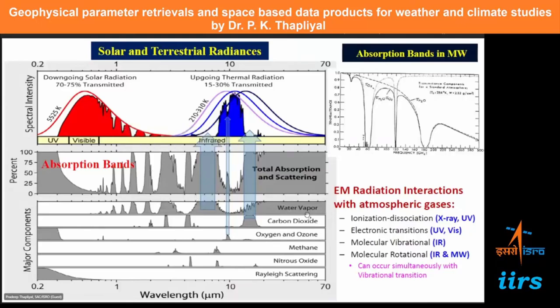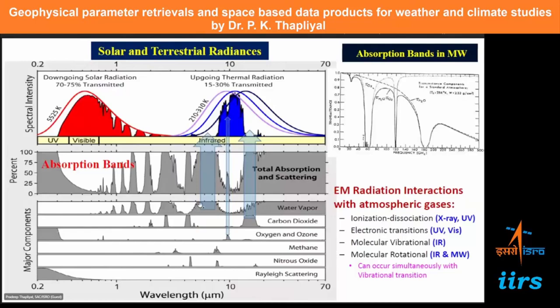And if you want to see which gases are absorbing in the atmosphere, primarily it is water vapor which absorbs radiation passing through the atmosphere. In the visible region, around 1 micrometer, there is weak absorption because of water vapor. Then when you move to short wave infrared, mid wave infrared, and infrared, there is very strong absorption because of water vapor.